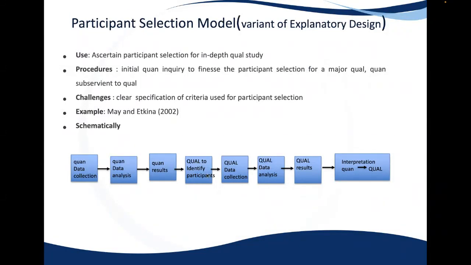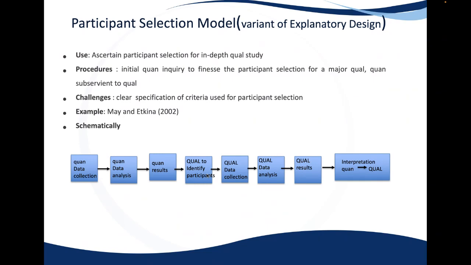There's another called the participant selection model, which is also a variant of explanatory design. Remember, we talked about how explanatory design starts with quantitative data and uses qualitative data to explain what you're seeing.